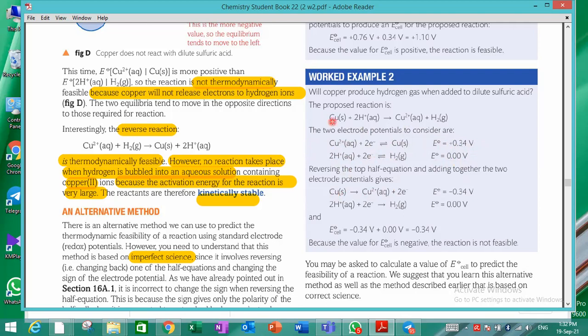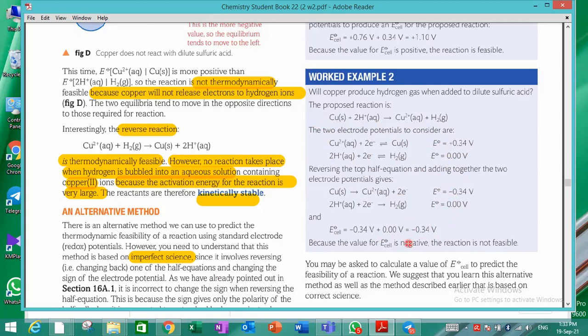If copper is the one to react, this means the opposite equation took place: copper released electrons forming copper ions, and since we reverse the equation, the sign of the E naught value is also opposite. Instead of being positive, it will be negative. And the hydrogen ions is 0. So if we add them together, we get a negative value. When we get a negative value, this means that this reaction cannot take place because the E naught cell is a negative value.